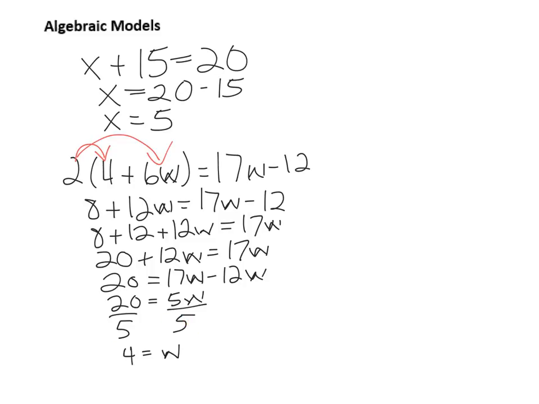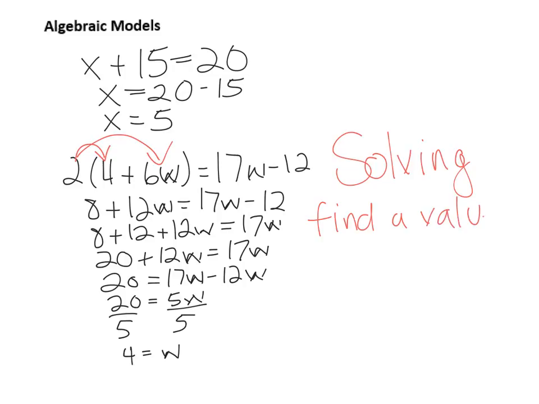So in these two questions, I was solving, and that's very important, solving. Okay, what does it mean by solving? I'm finding a value for x, or any variable. Okay, so there are other questions that are just going to ask you to simplify, and we'll do those next.